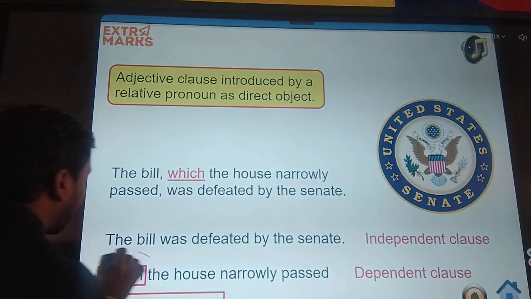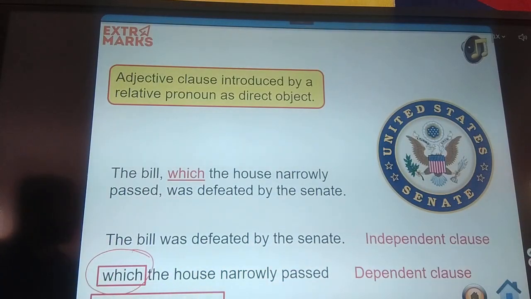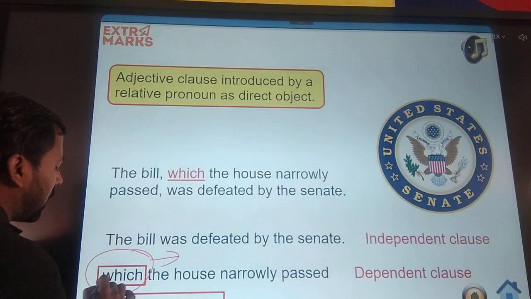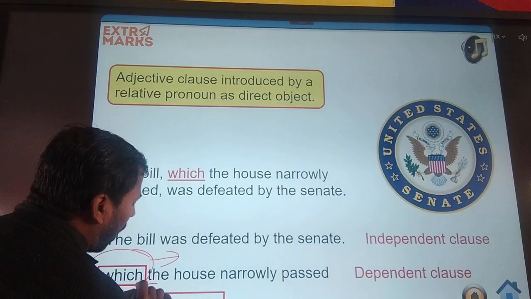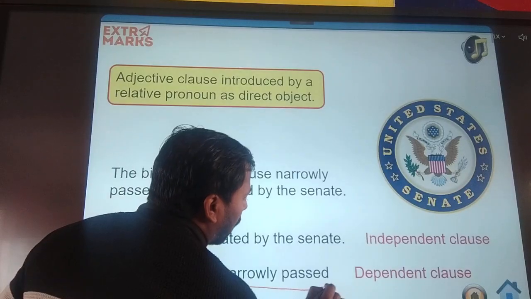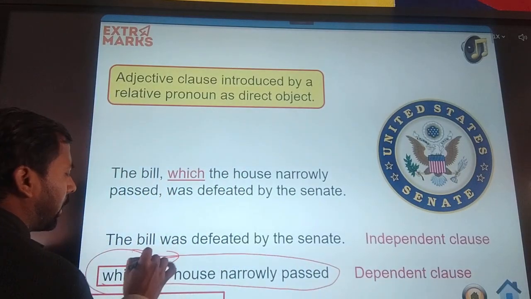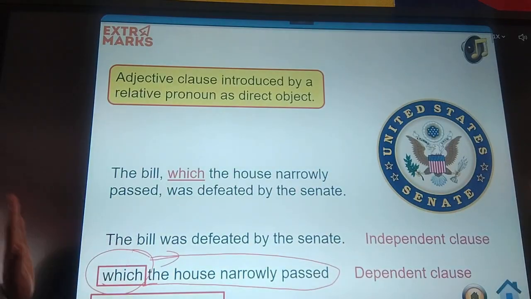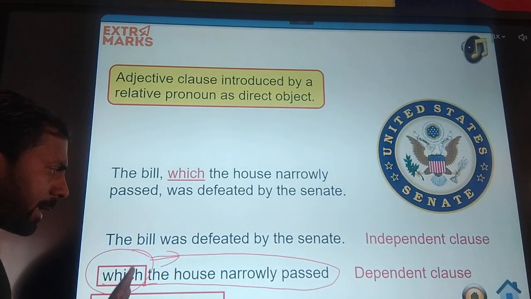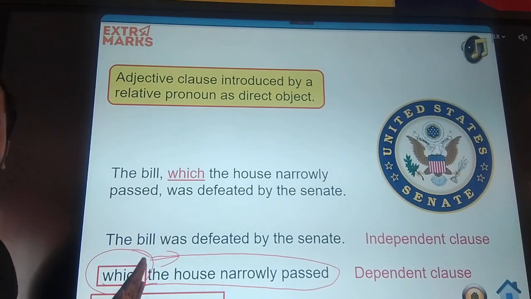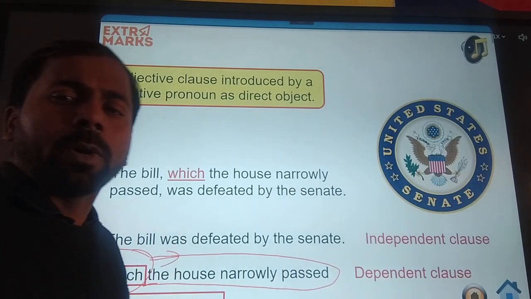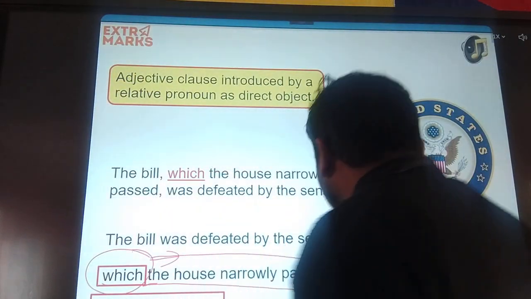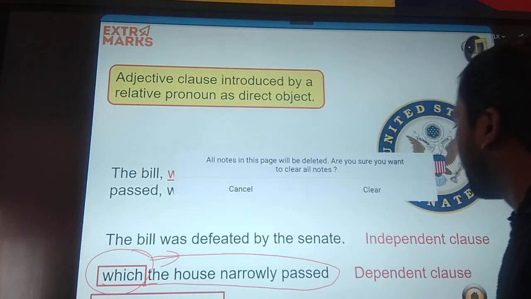It is a relative pronoun, and this relative pronoun adds all the rest of the words, and it works in an objective form. I hope you understood. Okay, next.